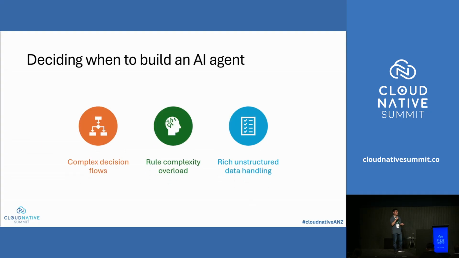So when should we build the agent? There are some considerations. So first, possibly we have complex decision flows. For example, if we have a payment fraud detection system, a traditional rule engine, maybe they define a set of rules that detect the transactions if the transaction is over a certain limit.